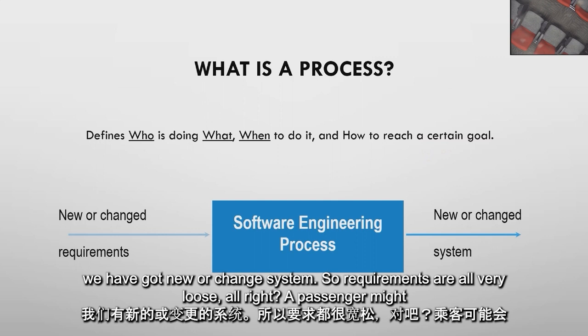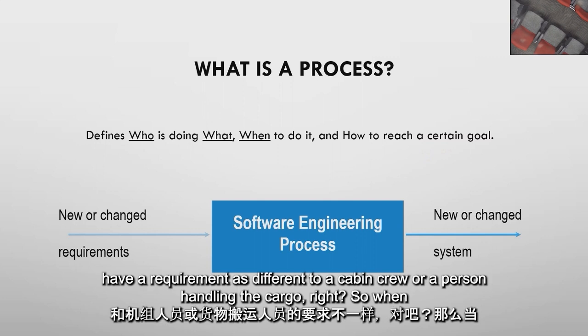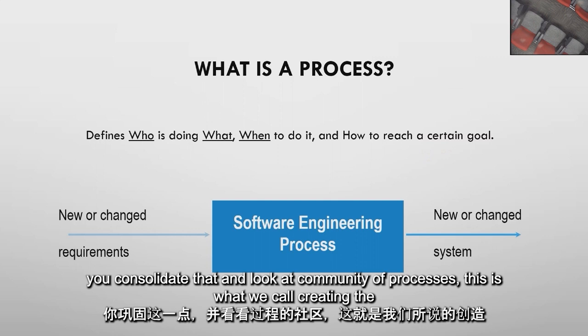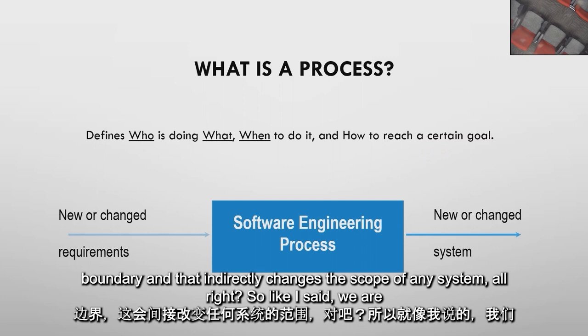So requirements are all very loose, all right? A passenger might have a requirement different to a cabin crew or a person handling the cargo, right? So when you consolidate that and look at commonality of processes, this is what we call creating the boundary, and that indirectly changes the scope of any system.